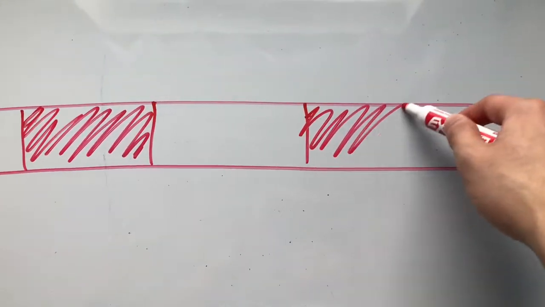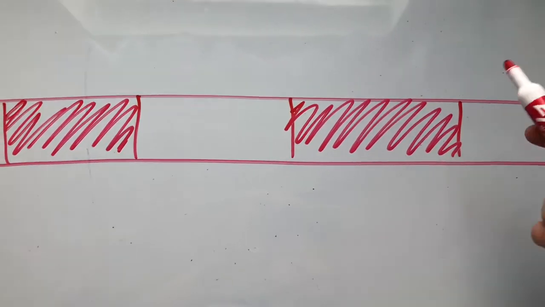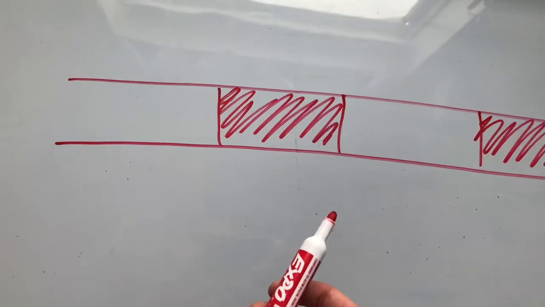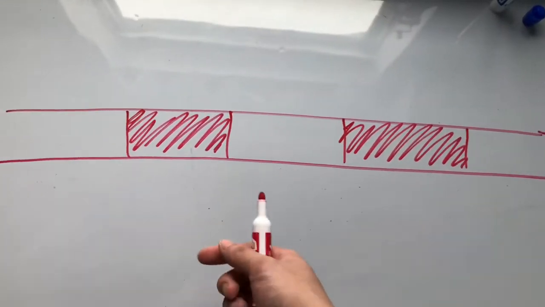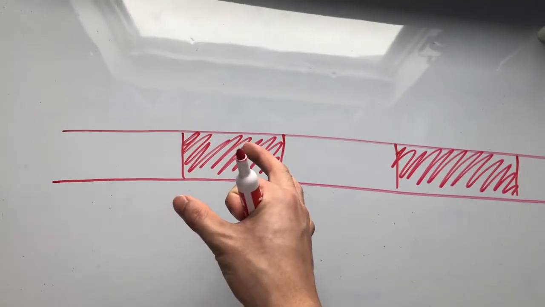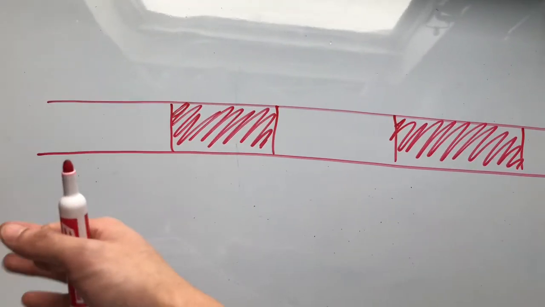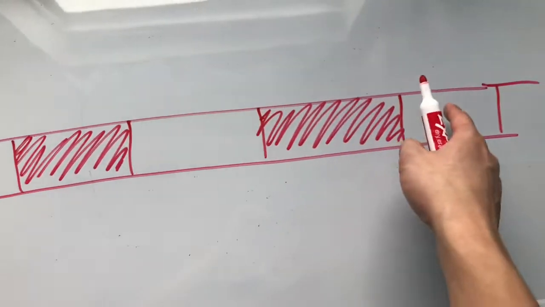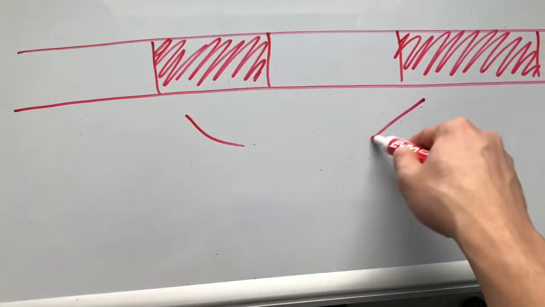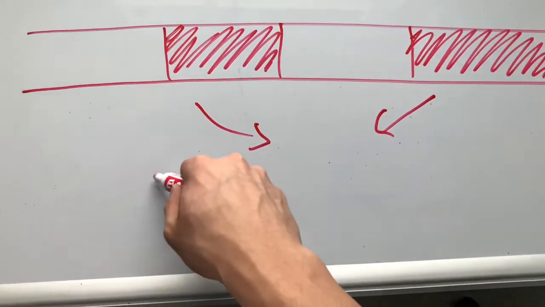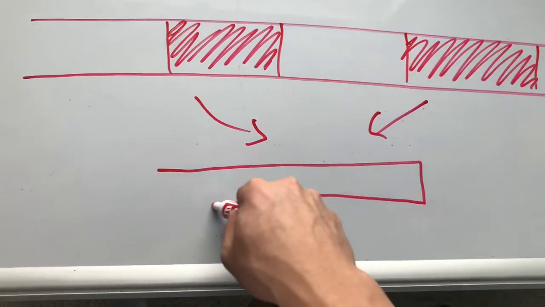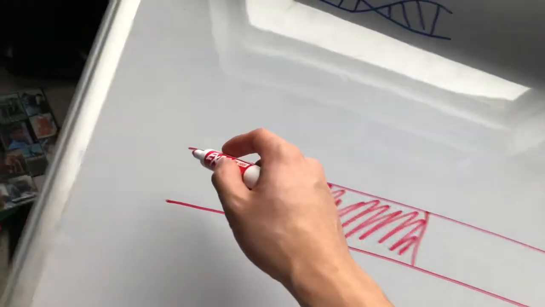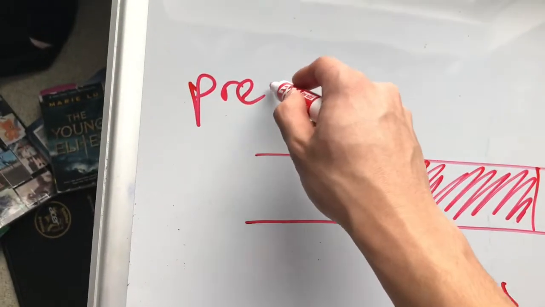So these shaded introns, they're basically the parts of the RNA molecule that will eventually be cut out and thrown in the garbage. And then these exons will come together, they'll come down here, and they'll make the real mRNA molecule. Right now, this is called pre-RNA.